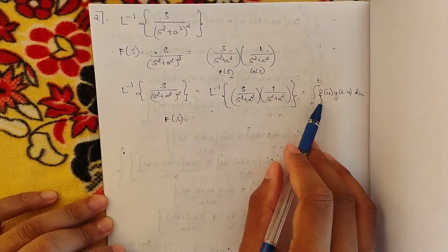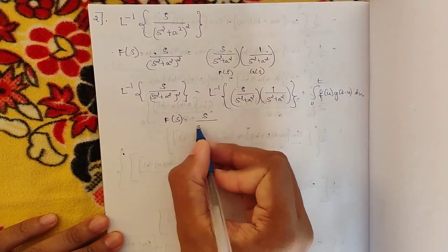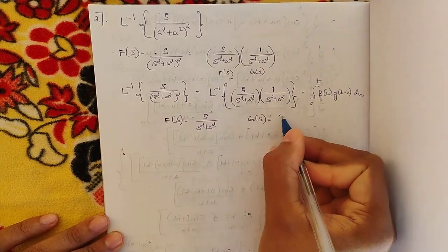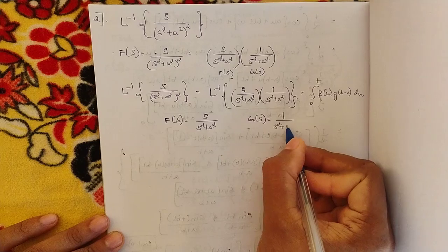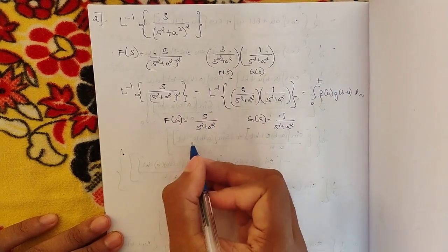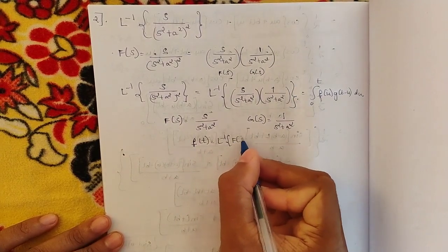First you should be finding f of u and g of t minus u. So what is f of s here? s divided by s square plus a square, and g of s is 1 divided by s square plus a square. Okay, so here again we know that f of t is equal to L inverse of f of s.